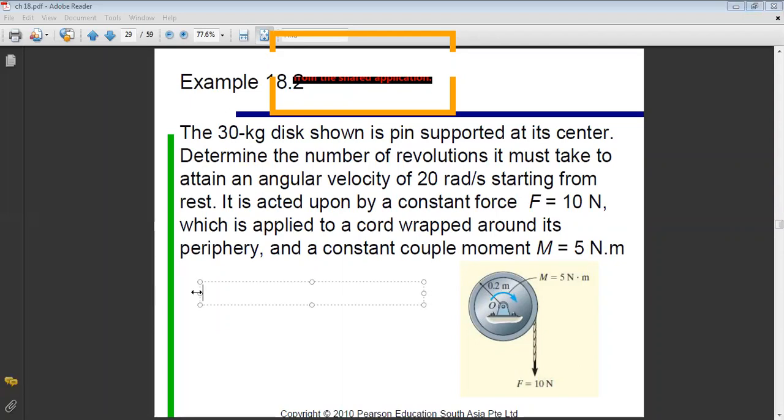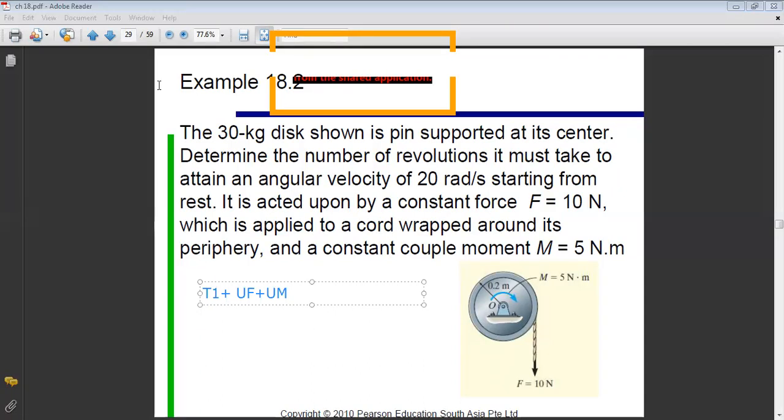If you want to apply work and energy, what will be our equation? We have T1, which is the initial kinetic energy, plus what are the forces and couples doing work here? We have the work of F, plus we have the work of the couple moment M. Will the weight do work here? No. Why?